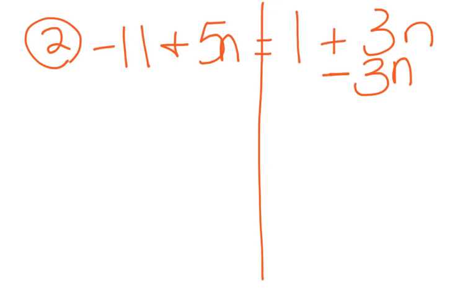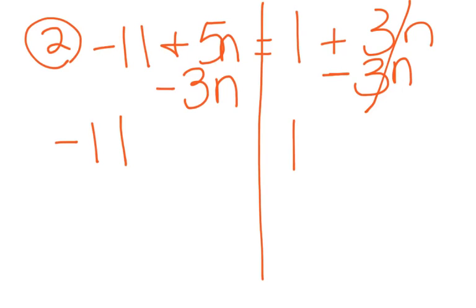I'm going to write the take away 3n underneath, not the 11 because it doesn't have an n on it, but underneath the 5n. So I have taken away 3n from both sides of my equation. Here, that will give you 0, and you're left with a 1 on that side. I didn't do anything with the negative 11, and 5 take away 3 is a positive 2.